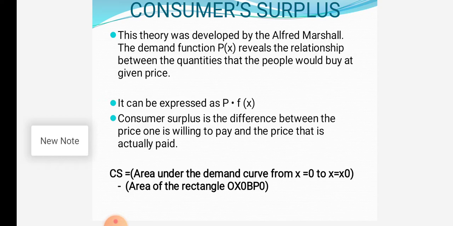We learnt a separate theory, and in this topic we are going to find the value of consumer surplus. See, consumer surplus depends on the price that people are ready to pay for the product, and it also depends upon the demand that is being created for the product.